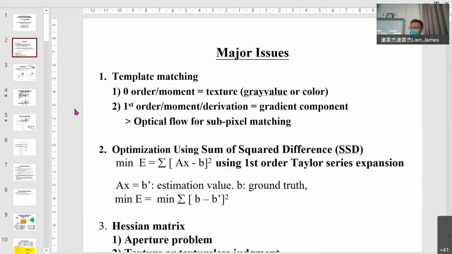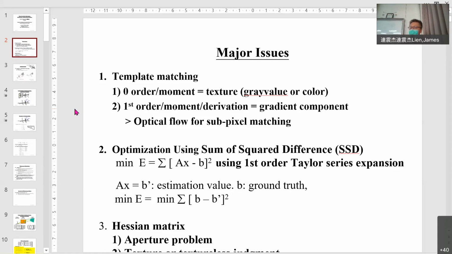Detection basically tries to find the target you need over the entire image. Detection, you have a template, and you use NCC or SAD, and you try to find the corresponding patch. But you search the entire image.